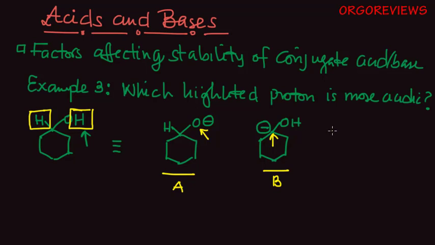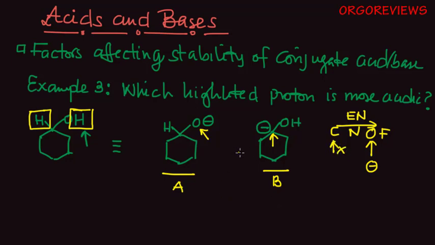We already know that oxygen and carbon are in the same row on the periodic table. So we know that as you go across the periodic table, electronegativity will increase. So oxygen will be more capable of adapting a negative charge compared to a carbon.